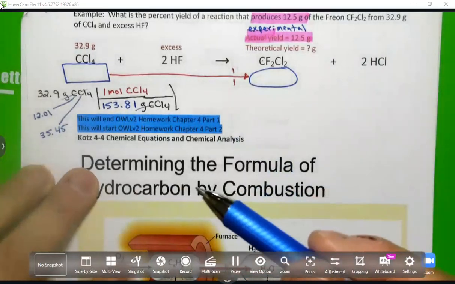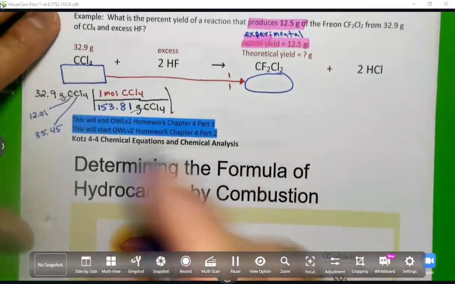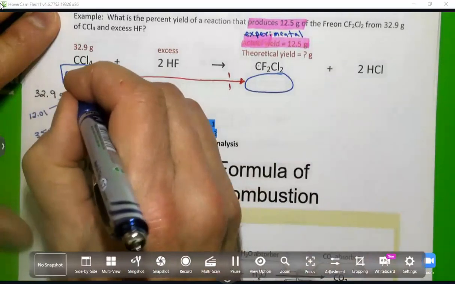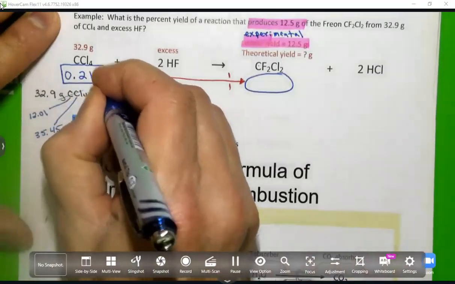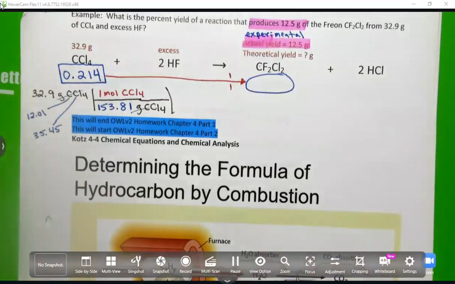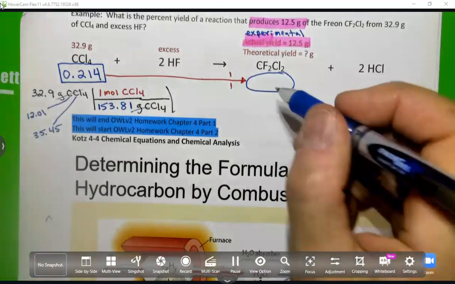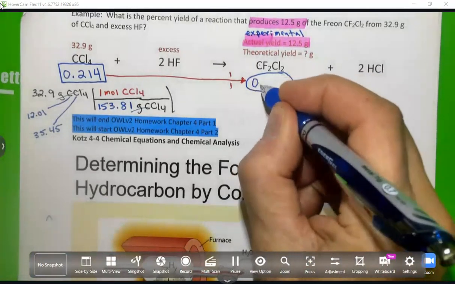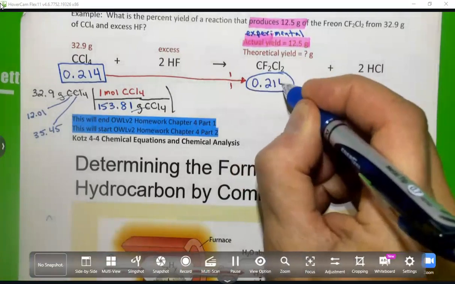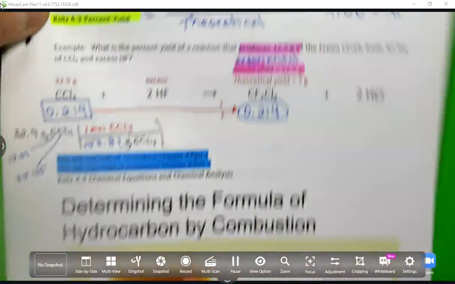So this is 0.214 moles. So I should produce theoretically 0.214 moles of Freon.